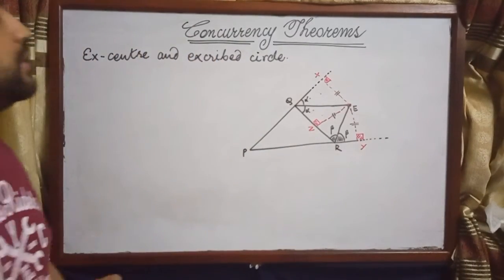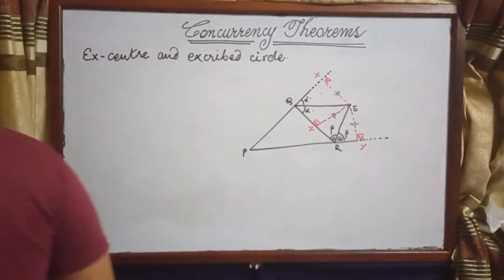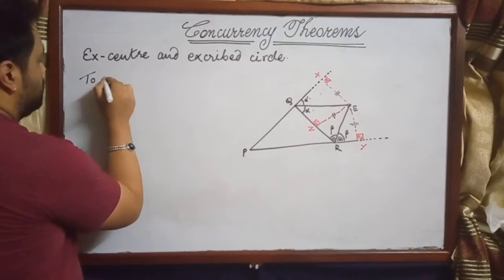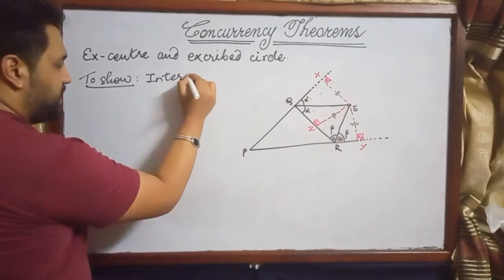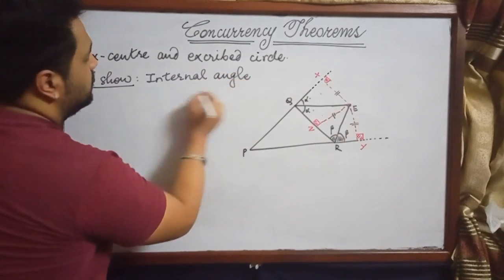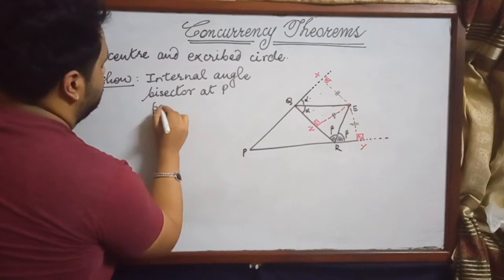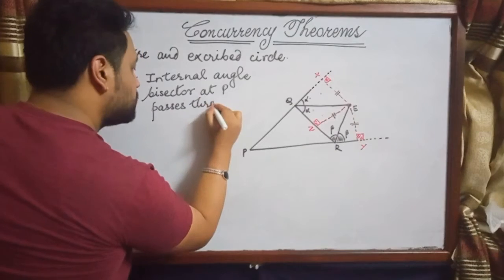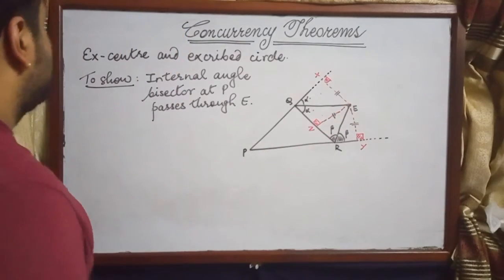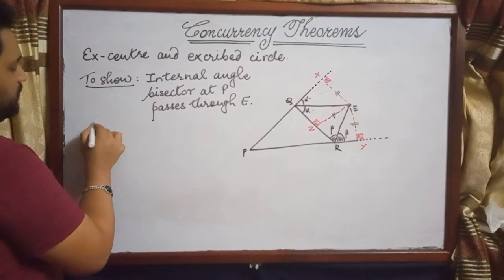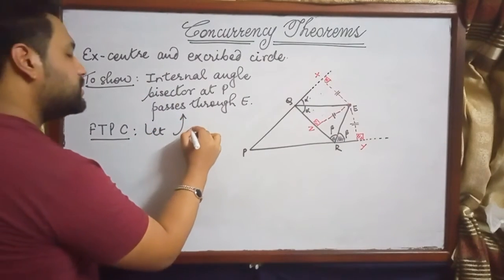As simple as that. Now we need to show that the internal angle bisector at P passes through E. Just like in the previous case, for the purpose of contradiction, let this not hold.